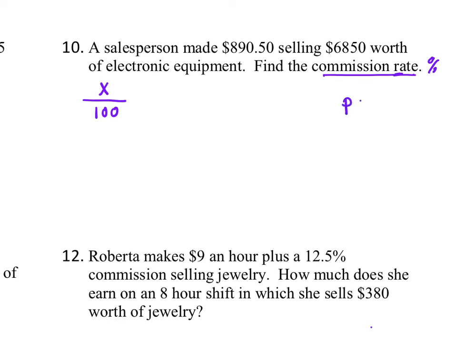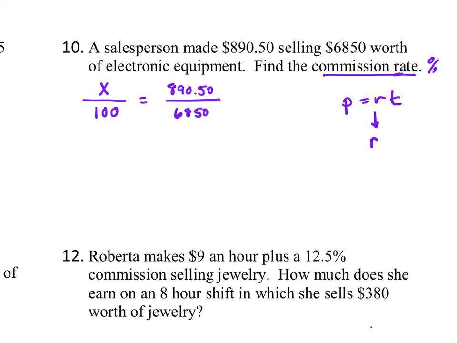So if you're using part equals rate times total, we wouldn't know the R. What I do know is that the salesperson made $890.50 out of selling $6,850 worth of electronic equipment.